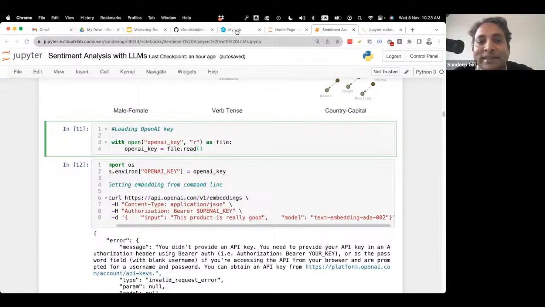Okay, let me test it out. Oh, it did not work. Let me try again. I am still keeping my screen paused.